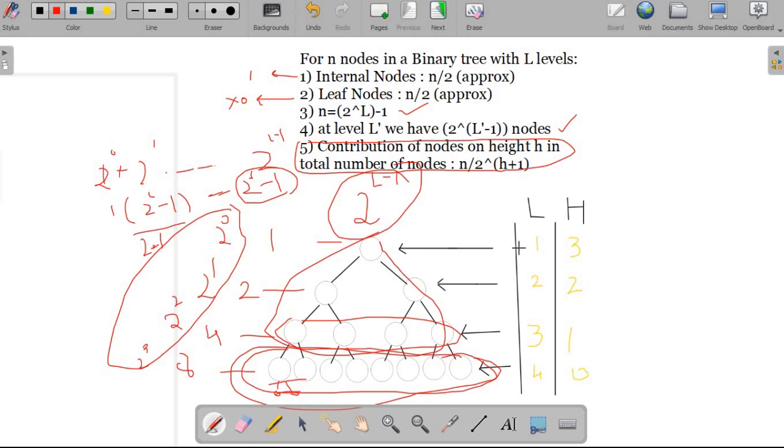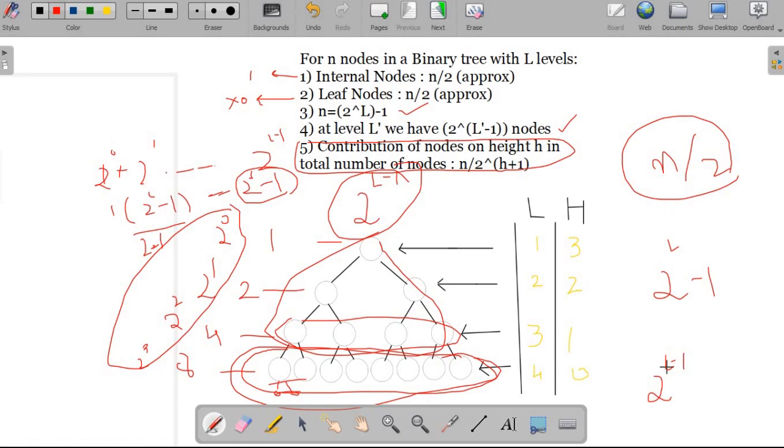Now using this we can see that in the last level we have our leaf nodes, which are approximately n by 2. These are n by 2 because we know that we have 2 to the power L minus 1 total number of nodes, and in the last level we have 2 to the power L minus 1 nodes.